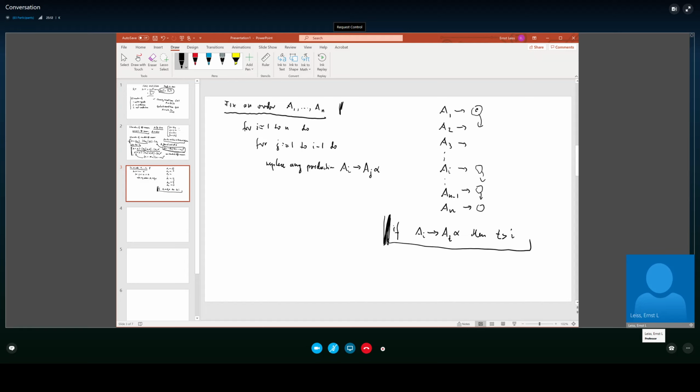So any production of this form is replaced by Ai goes to gamma 1 alpha through gamma s alpha, where Aj goes to gamma 1 through gamma s are all Aj productions.